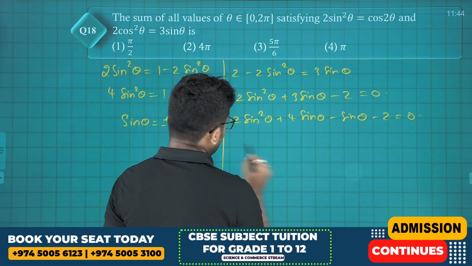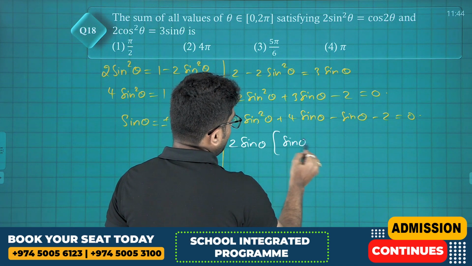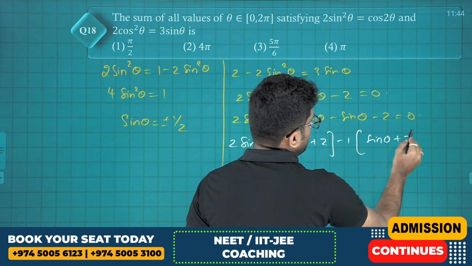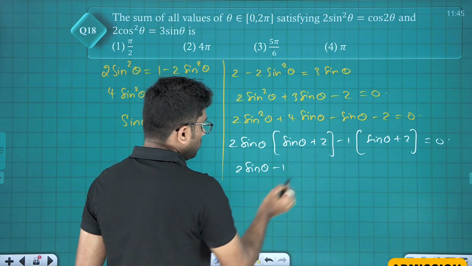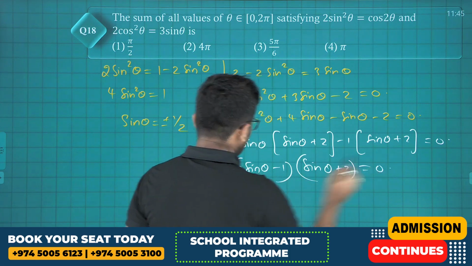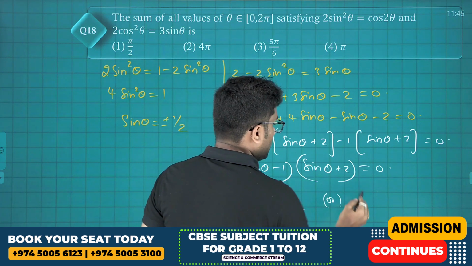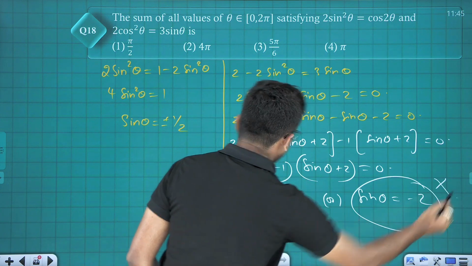We can factorize this as 2 sin theta into sin theta plus 2, minus 1 into sin theta plus 2 equals 0. So 2 sin theta minus 1 into sin theta plus 2 equals 0. Sin theta equals 1 by 2 or sin theta equals minus 2. Anyhow, this is not possible.